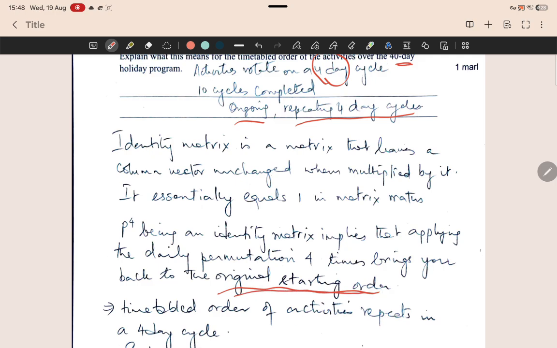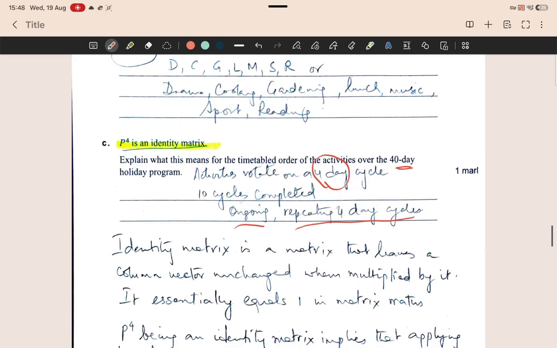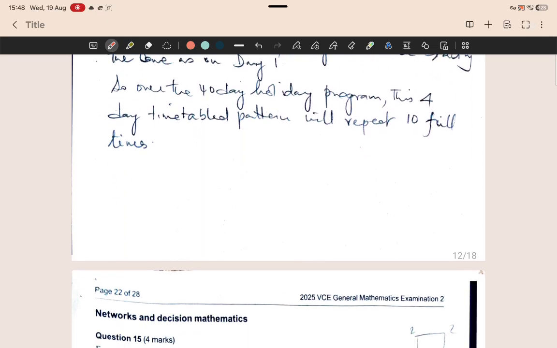So you can answer in easy ways, whichever you want, but I think activities rotate on a 4-day cycle, 10 cycles completed, ongoing repeating 4-day cycles, any of these can be answers for this particular question. Thank you.